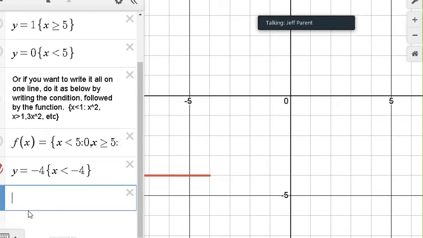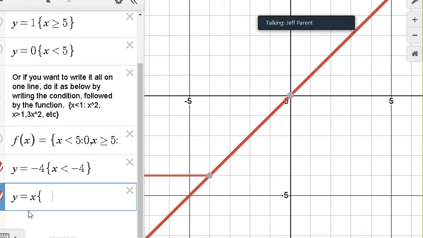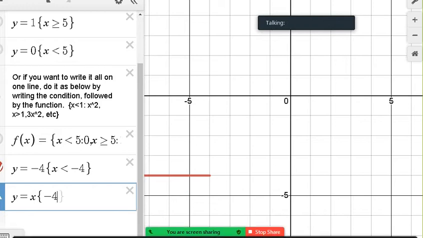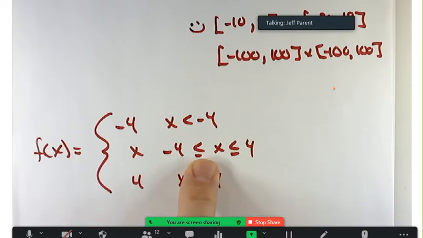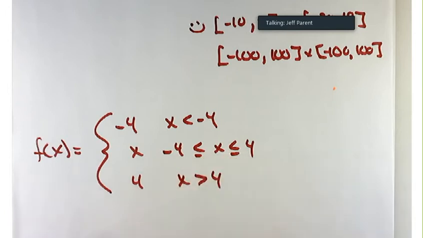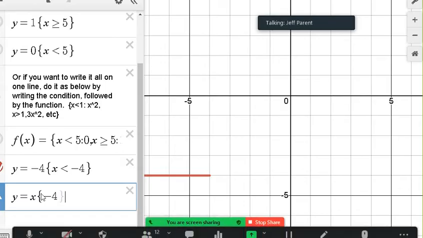The next part is going to graph y equals x for x between negative 4 and 4. So negative 4, and looking back at this, I need a less than or equal to x, and that's less than or equal to 4. Now there's two ways you can get that less than or equal to into your Desmos.